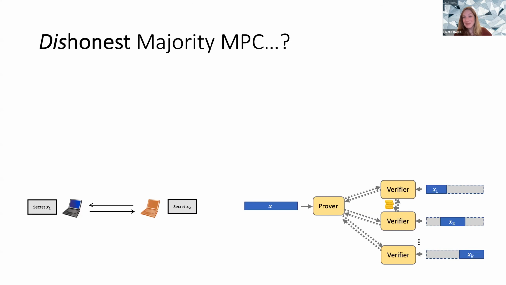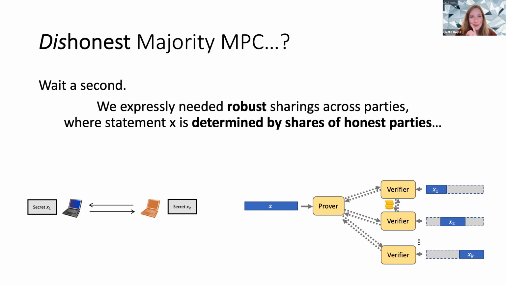Okay, so in my remaining very short period of time, let me hopefully get to what I wanted to talk about, which is the case of dishonest majority. Let me start by saying, wait a second, what can we do here? There seems to be a problem. As soon as we had more than one corruption, it was really important that whatever this X is that's being proved was held robustly across the parties.